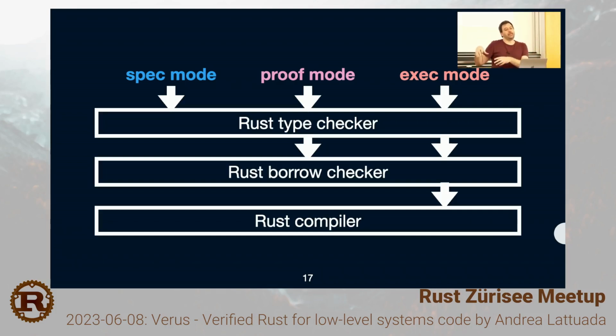Proof mode code is treated as regular Rust, but we erase it before we get to compilation, and that lets us express some proofs, and I'm going to show you a quick example in a second. And then exec mode code is just a regular Rust program. We want to run that program. We're just going to borrow check it first, then compile it.